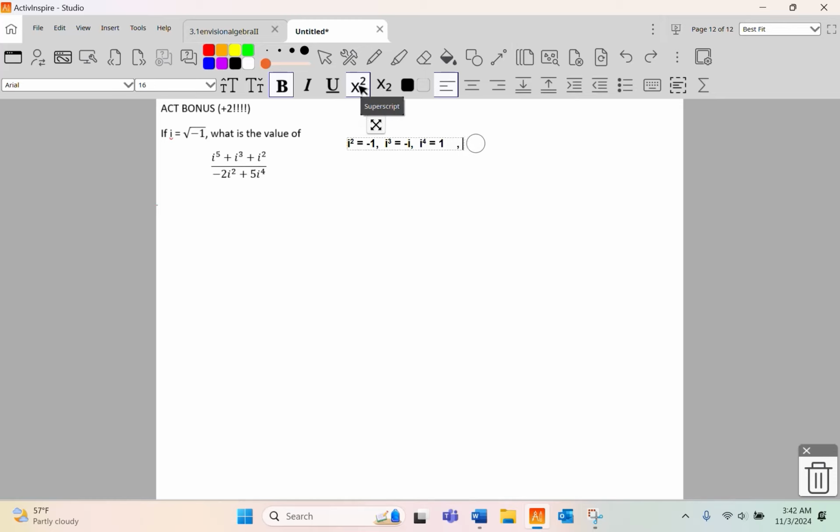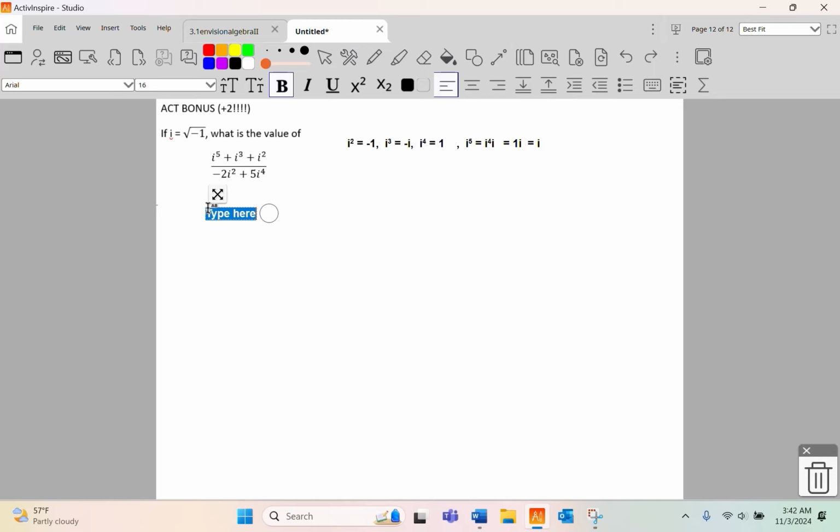And notice it talks about i to the fifth. i to the fifth is i to the fourth times i, which is 1 times i, or just i.